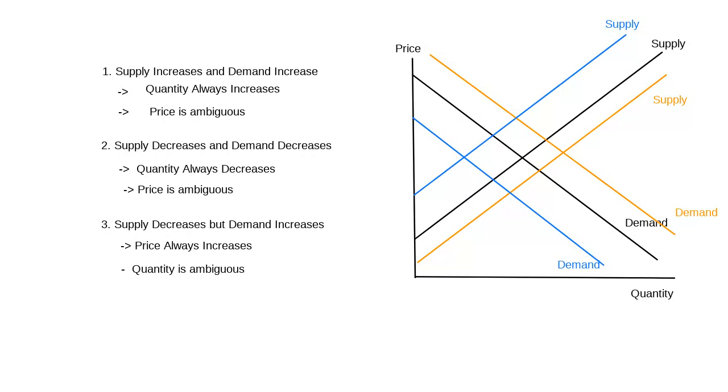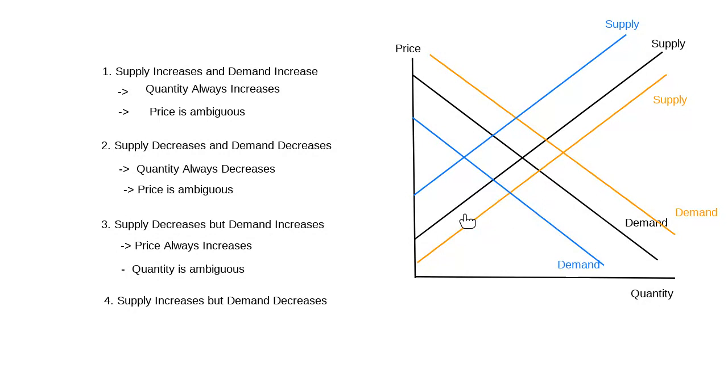All right, final scenario, supply increases, but demand decreases. And by now you're probably getting the picture. So that's going to bring us to this triangle down here, where we're using the blue demand curve, orange supply curve. So supply increases, demand decreases.